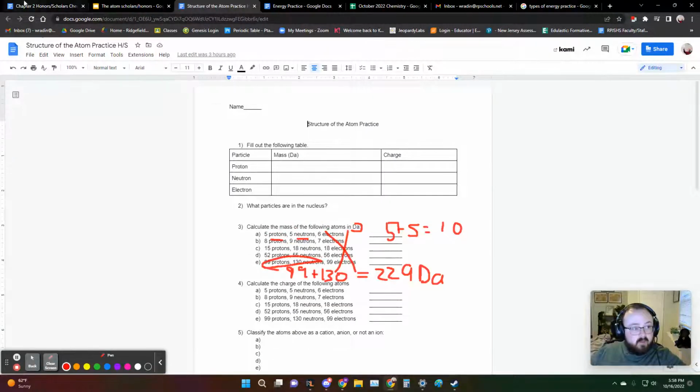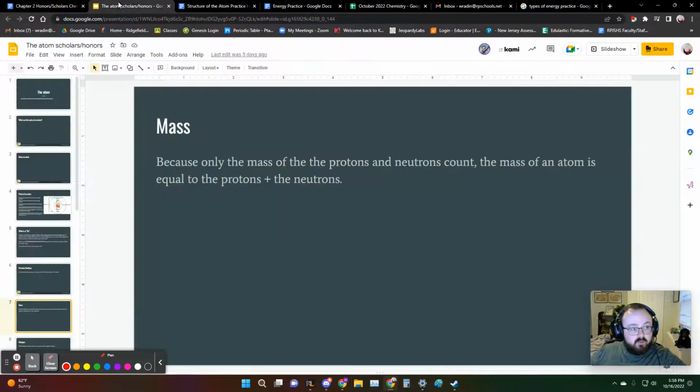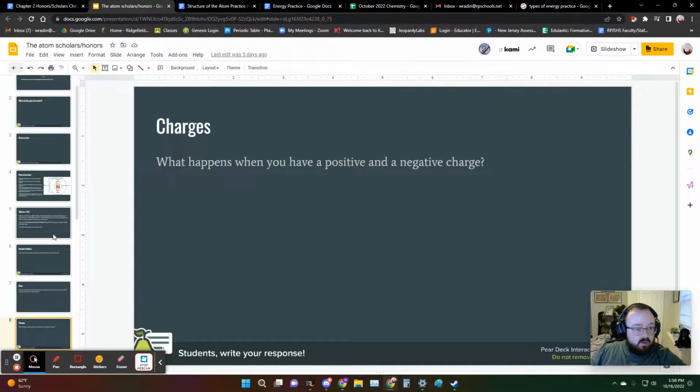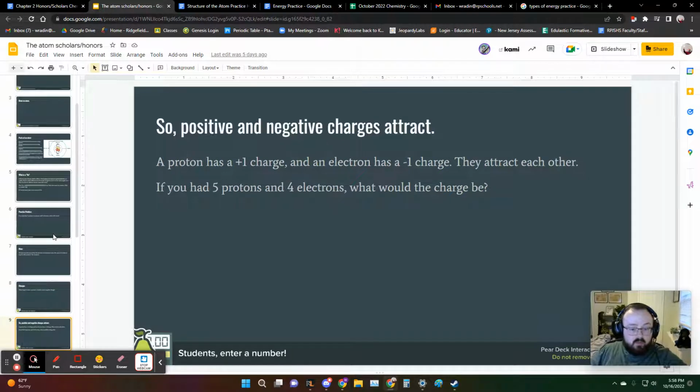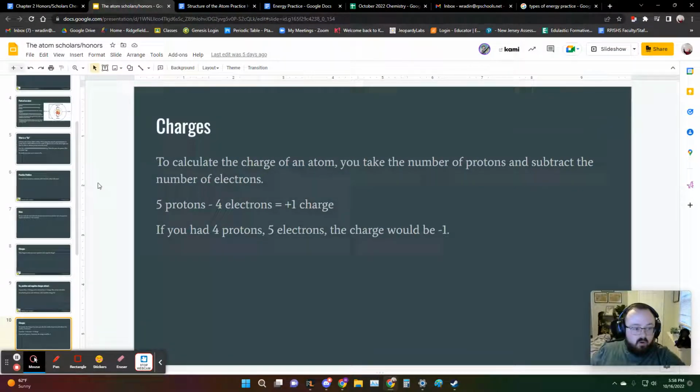Now if we go back to our formula for charge, we think of charges like magnets, positive and negative. They're arbitrary. They're going to attract one another, and we'll talk about that attraction later. But right now we want to quantify them. So our charge is equal to the number of protons minus the number of electrons.